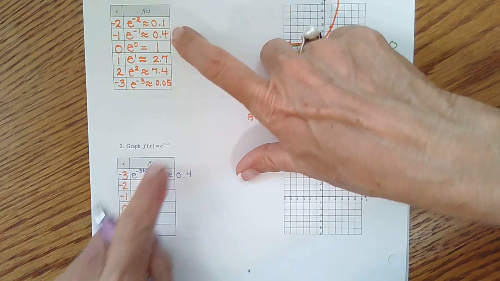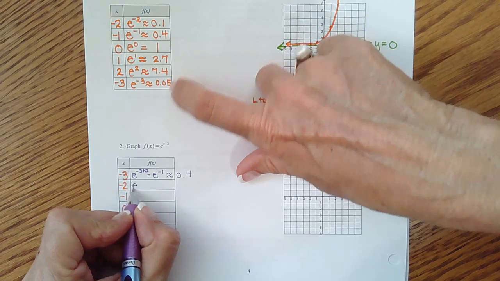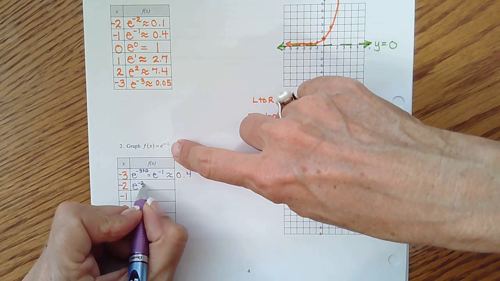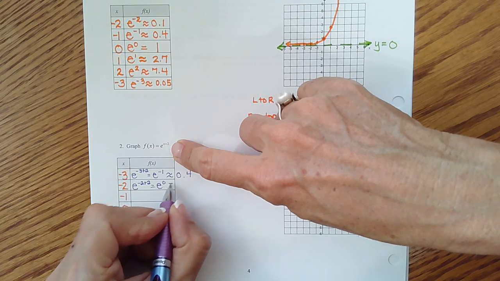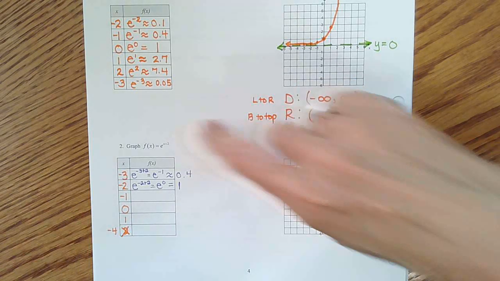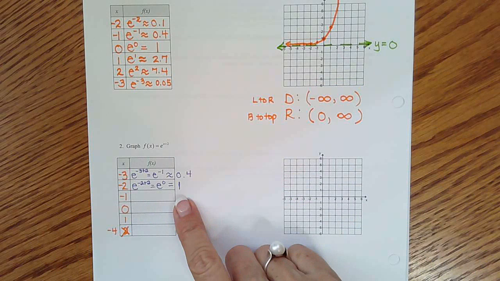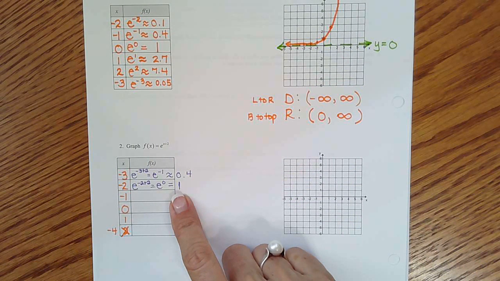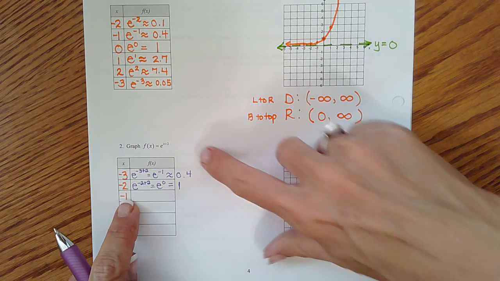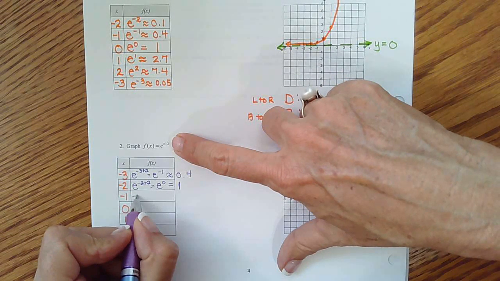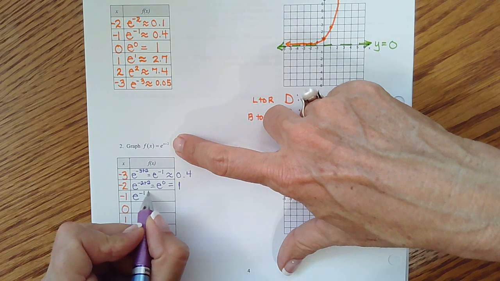Next we have -2 in there. e to the -2 plus 2 is e to the 0th, and we know anything to the 0th power is exactly 1. So we don't need our little approximate symbols because e to the 0th is exactly 1. No rounding there. Next we put -1 in, so we get e to the -1 plus 2.